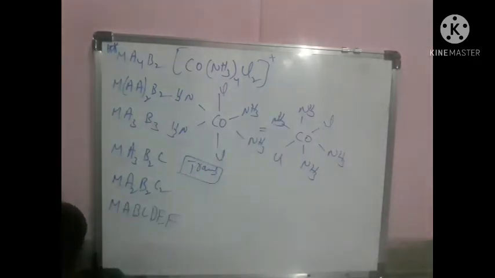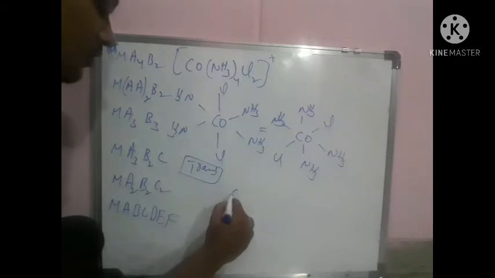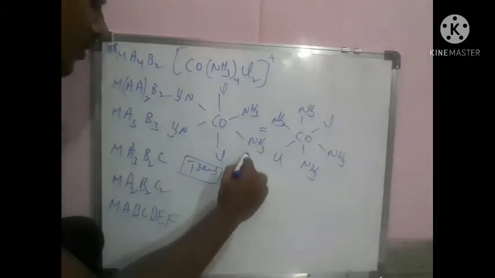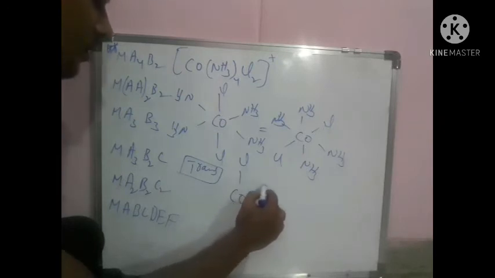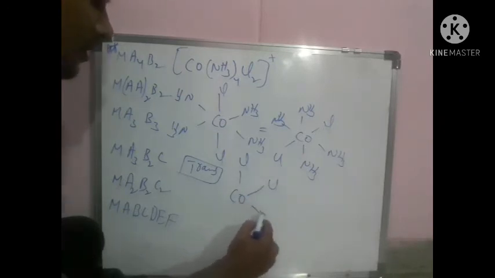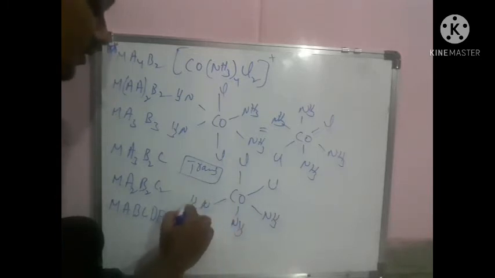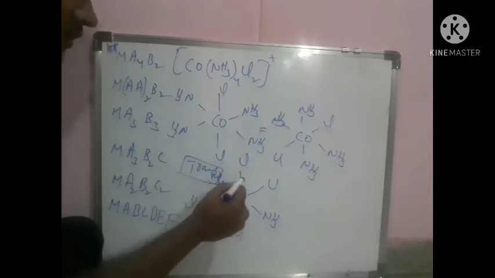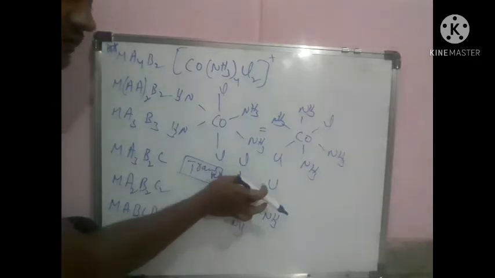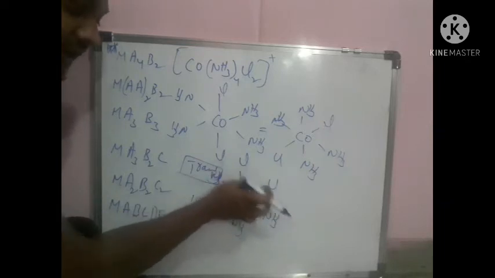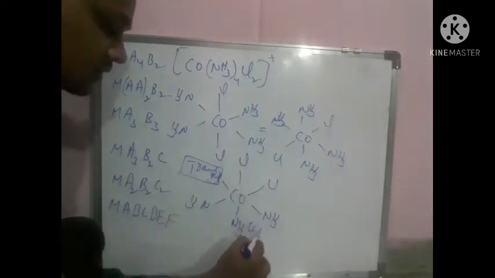Now if we take Co with Cl and Cl and NH3, NH3 and NH3, the chlorine is present at a similar position, on the same side, so it is called cis.